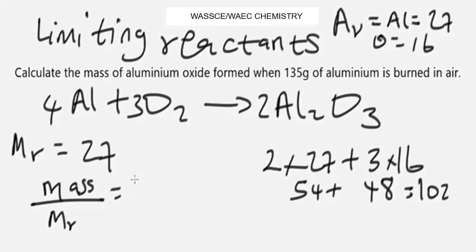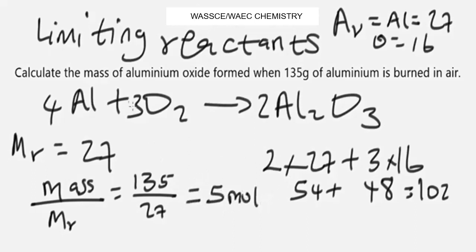So for aluminium it will give us 135 over the relative formula mass of aluminium, which is 27. When you divide 135 by 27, we're going to have 5 moles.